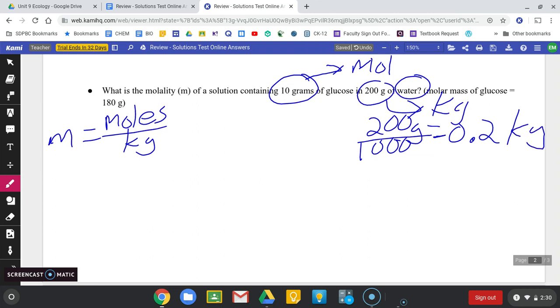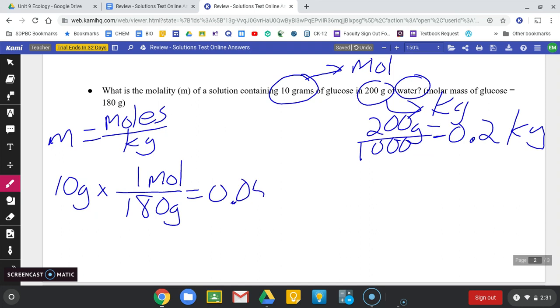That's our kilograms. To get our moles, we're going to take that 10 grams of glucose and convert that to moles by dividing by the mass of glucose. They tell us the mass of glucose is just 180. So 10 divided by 180, 0.055 moles.